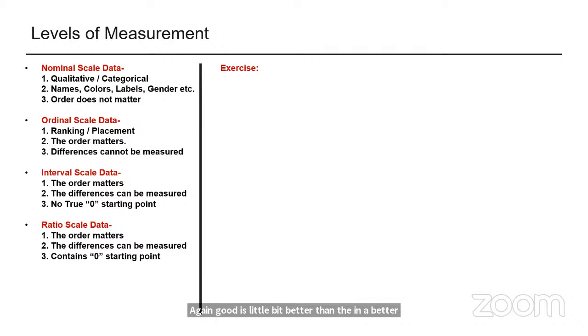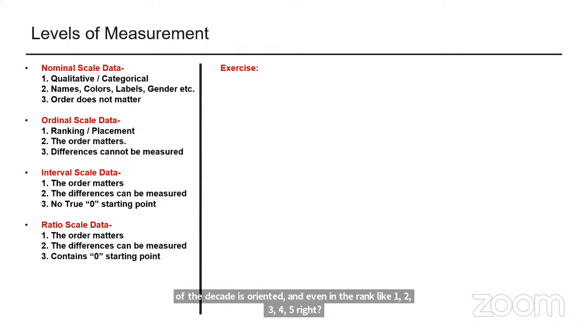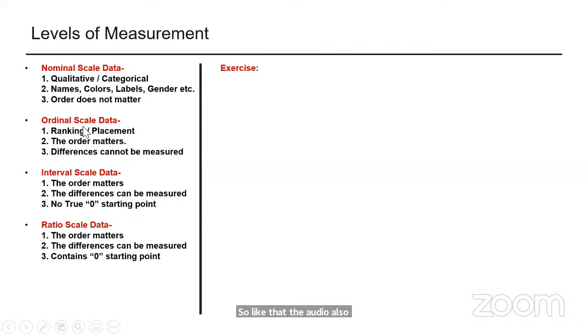So we can do positioning of the data, and when we can do that, it is ordinal data. Even a rank like 1, 2, 3, 4, 5 is ordinal data. It may be in numerical form or text format, but that doesn't mean we can take statistical measures like mean or median, because it just reflects the position of the data.